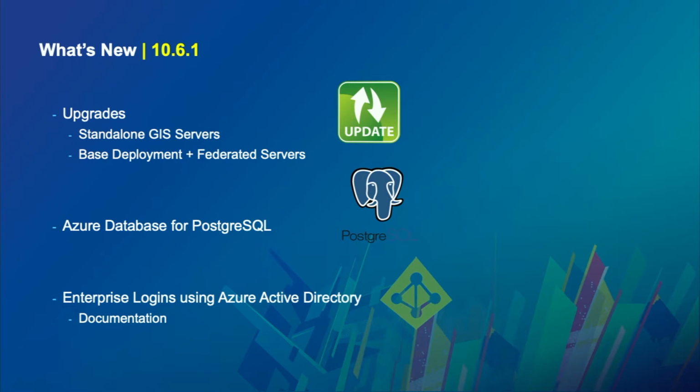So you can upgrade them right through an experience within Cloud Builder. At 10.6.1, we also integrated with Azure Database for PostgreSQL. So if you have a preference for that flavor of databases to use in Azure, you can use Cloud Builder to set up your deployment that way. And third, we added documentation on how you'd set up enterprise logins using Azure Active Directory with Portal for ArcGIS.